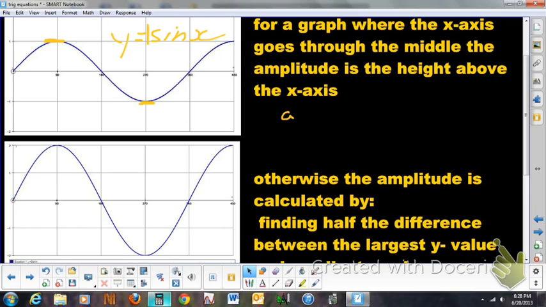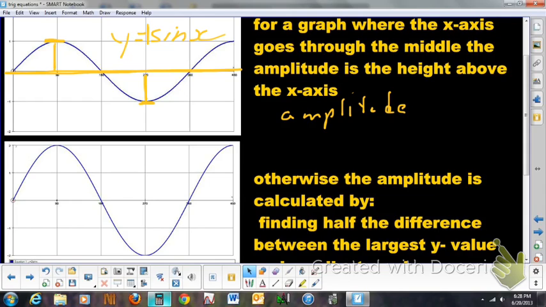So your amplitude in just a regular graph is 1. That's how far up it goes, how far down it goes. And with the basic sine graph, the line of symmetry, the halfway point, is your x-axis. So from here to here is 1, from here to here is 1.